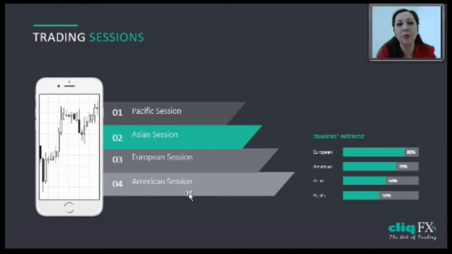And if we are talking about the European and the most widely spread American sessions, of course they are very, very active. As we know some slang words already, the market during these sessions is liquid and volatile. So what does it give us? More money, of course. So this is a very important parameter.